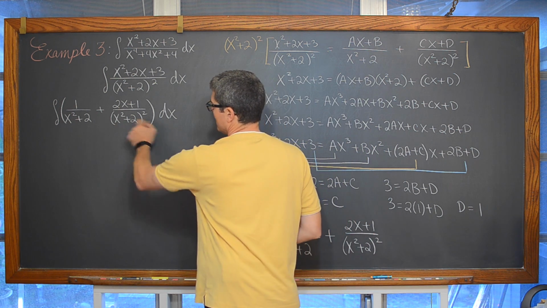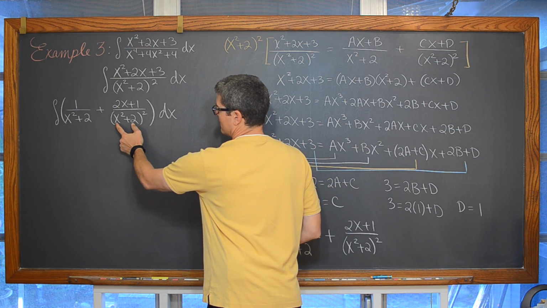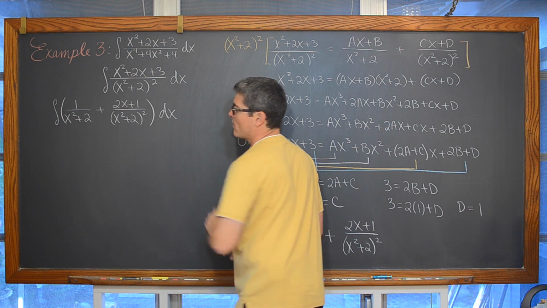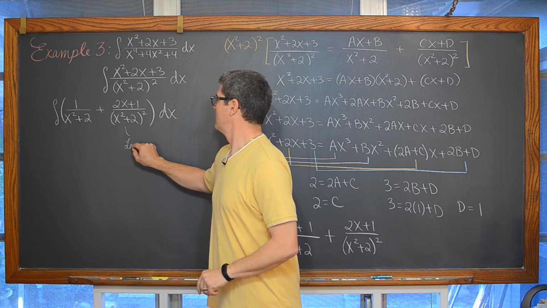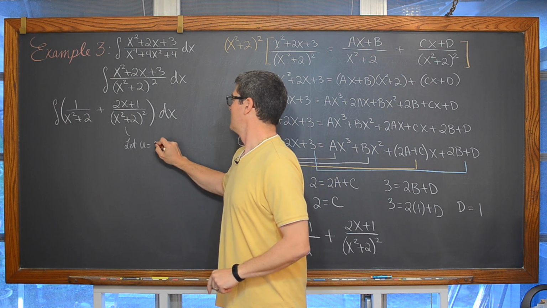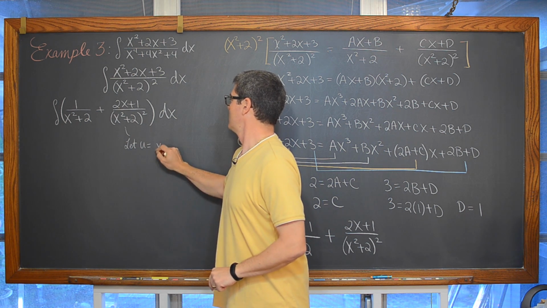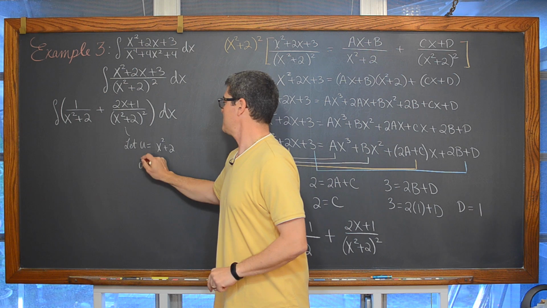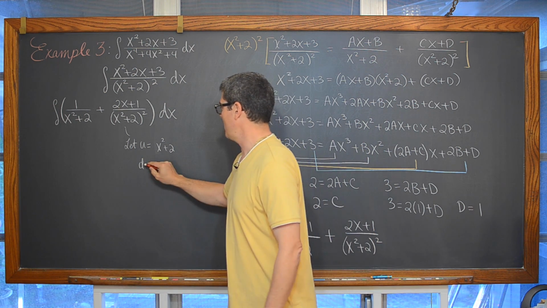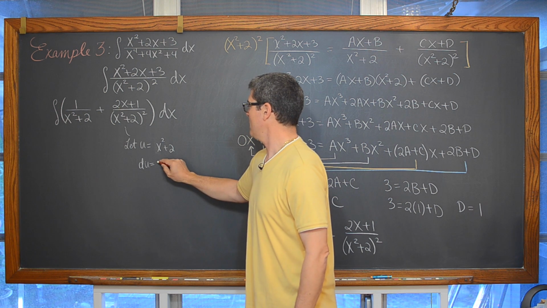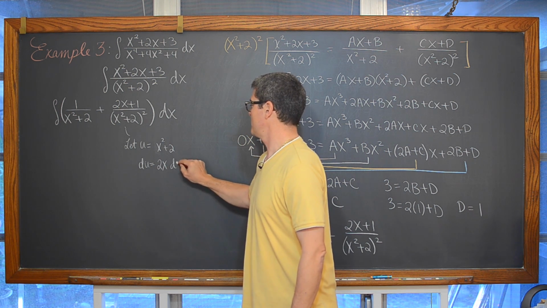But over here, if I have a u, which is x squared plus 2, then my du, like we talked about with this u substitution with integrating and how it's related to that old chain rule from long ago, we get 2x dx.